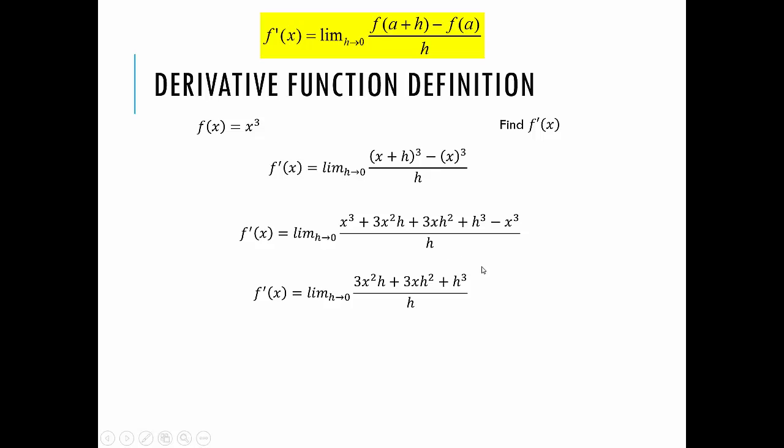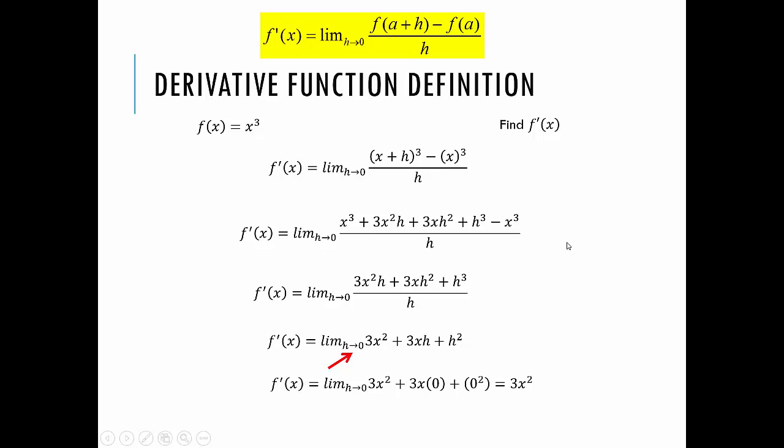Then I go through here and say x cubed and minus x cubed cancel. Then I can factor out an h and cancel out some h's. I can let my h approach 0. And then I get my answer of 3x squared. So we used our derivative definition, going through all these steps, taking the limit, to find the derivative.